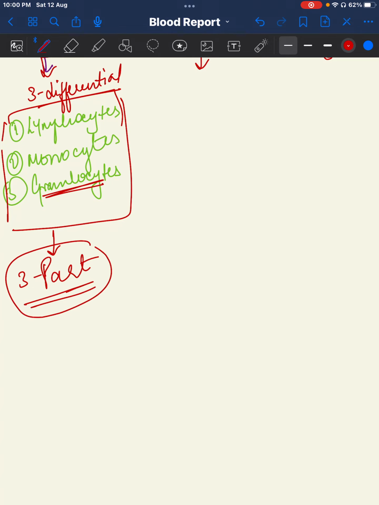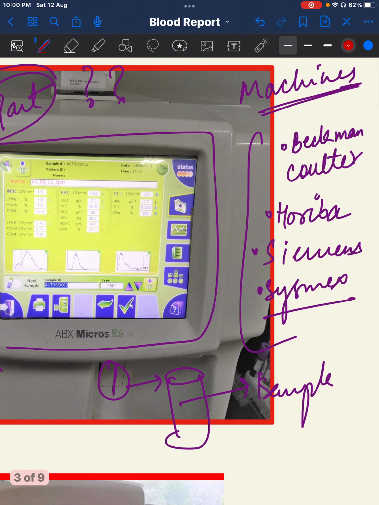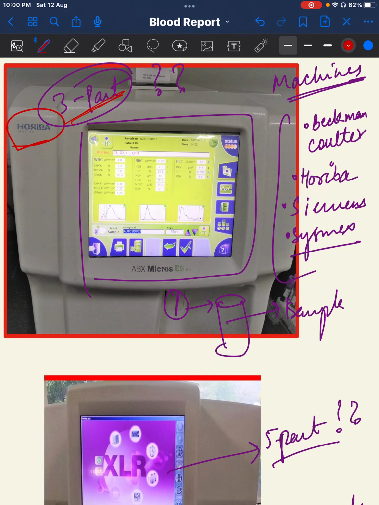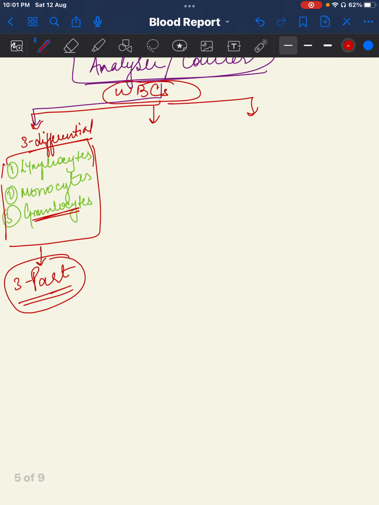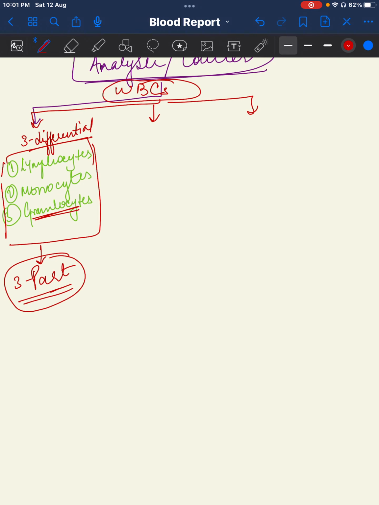Okay, this is what I was telling you here, that this is our three part. So this is what it means, that it will tell you about our WBCs, lymphocyte, monocyte, plus granulocyte. In granulocyte, it will not segregate whether it is a neutrophil or eosinophil or basophil. Okay, so this is what a three. This type of machines are called three part.